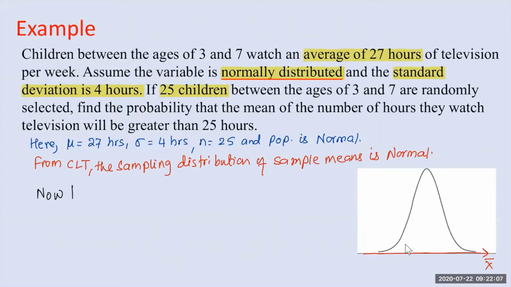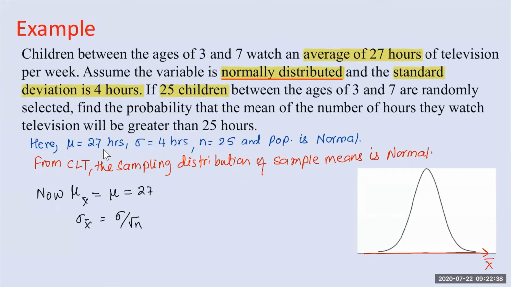Now, the mean of the sampling distribution of sample means, we write mean like this, mu sub x bar, is equal to the population mean. And the population mean is 27, mu equal to 27. Also, the standard deviation, which is also called the standard error, is the population standard deviation divided by the square root of n.